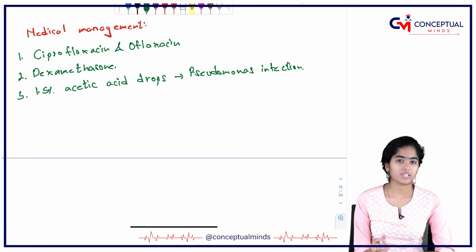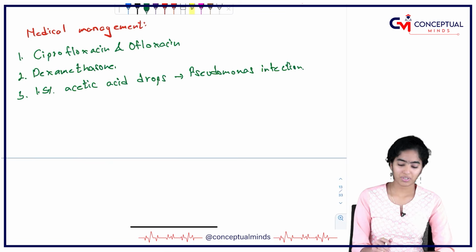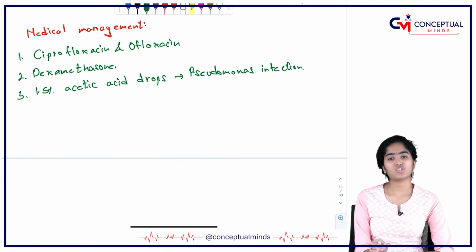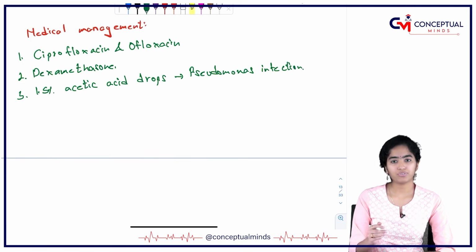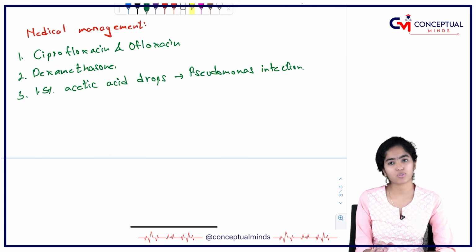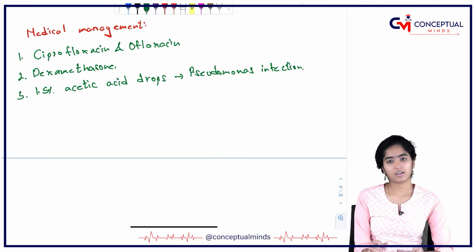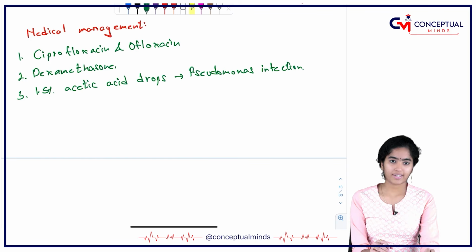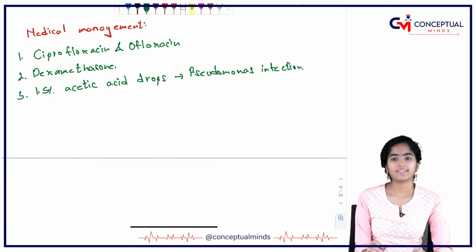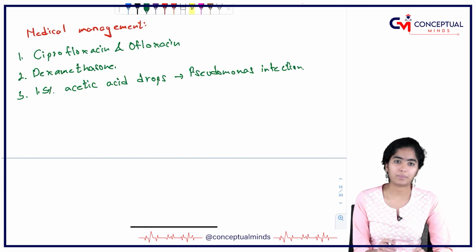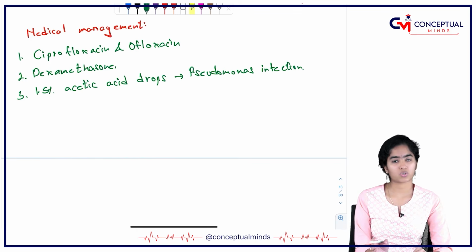Regular aural toileting is done. And all this treatment is done only when the patient is in the wet stage. After the ear becomes dry, ear drops should not be used because they can again make the ear wet and can initiate discharge, and these ear drops can go very much deep into the inner ear structures also.